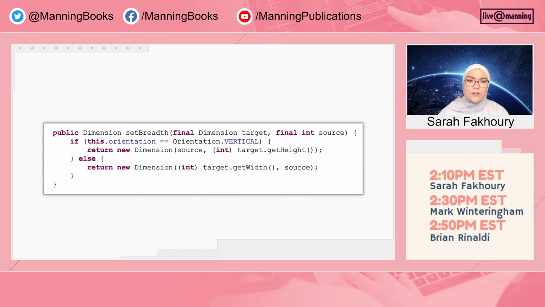So if you were to see the API call just set breadth without seeing the method definition, you would think that it's just setting the breadth, right? You wouldn't necessarily expect it to return anything because that's the convention. Set methods should not be returning anything. But in the implementation, it's creating a new object and returning it. So there's this inconsistency between what you're expecting the method to do and what it's actually doing.